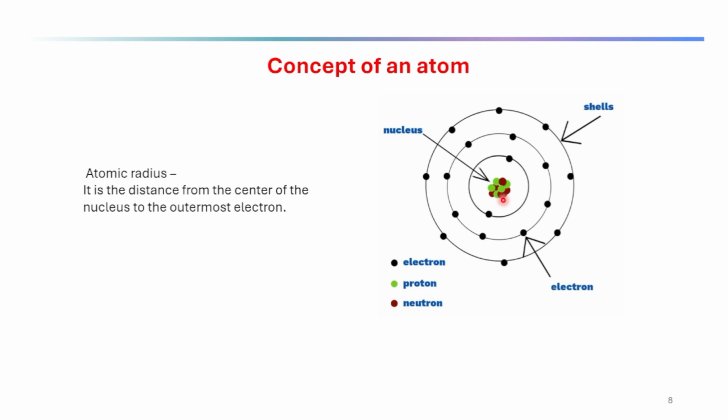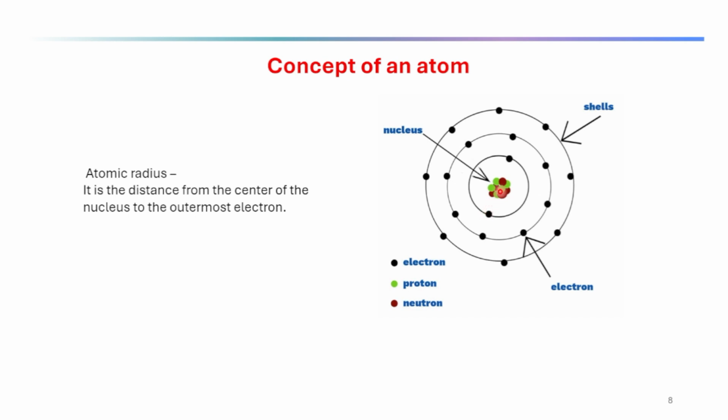In the nucleus we have positively charged protons and neutral neutrons. These two subatomic particles lie in the center. The nucleus is positively charged, and surrounding it the electrons rotate in their shells or orbits. These electrons are tiny subatomic particles, negatively charged.